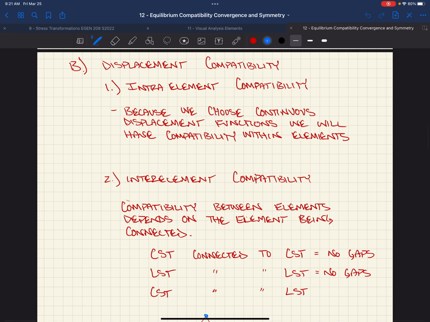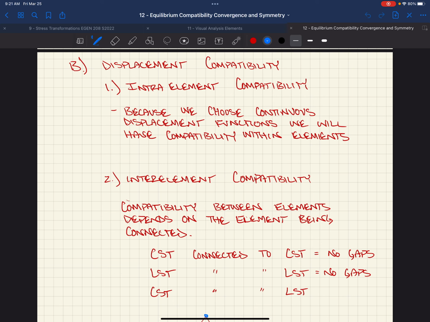If we look at displacement compatibility, again looking intra-element, within the element, okay? If we choose continuous displacement functions, we will have compatibility within the element, right? It's going to have a nice smooth transition along the element, as long as it's not like a piecewise function or something where we would get steps, right? It's continuous, you're going to get compatibility across the element, which we try to always do.